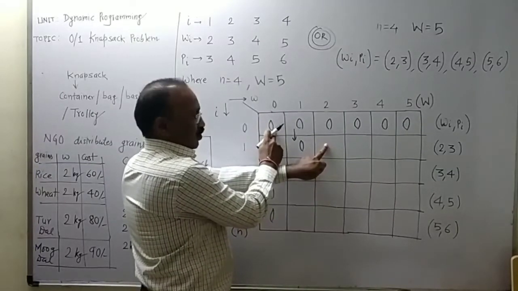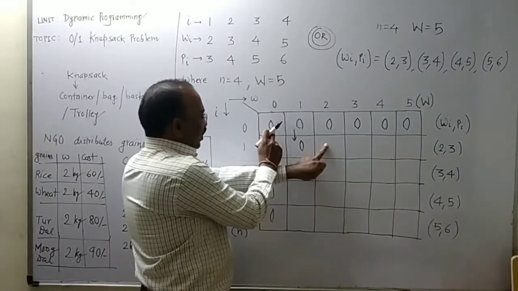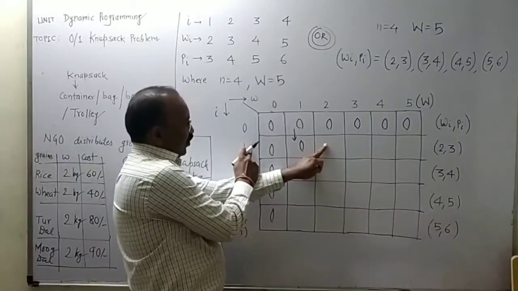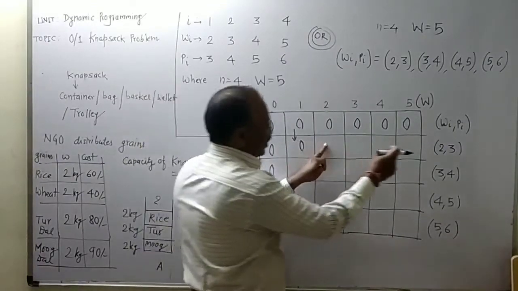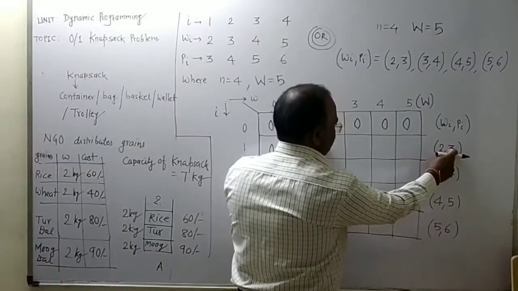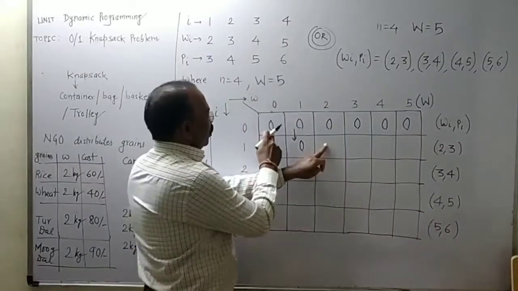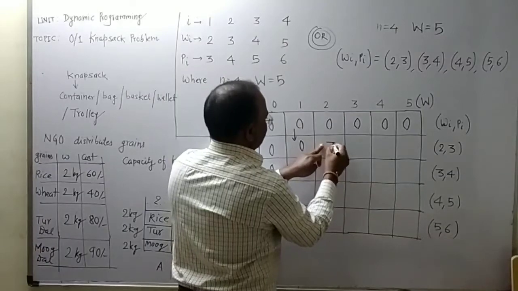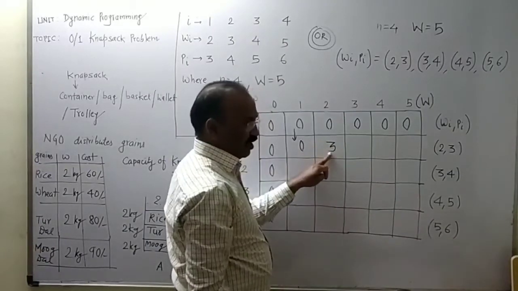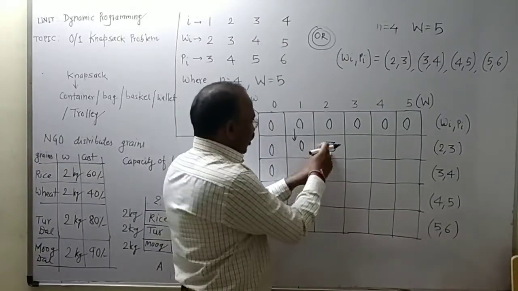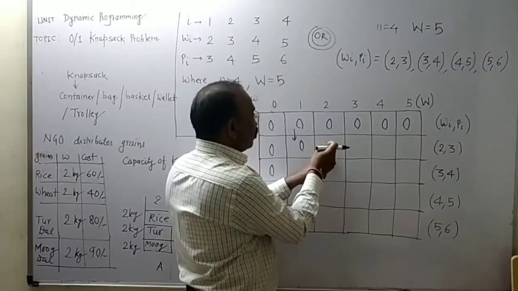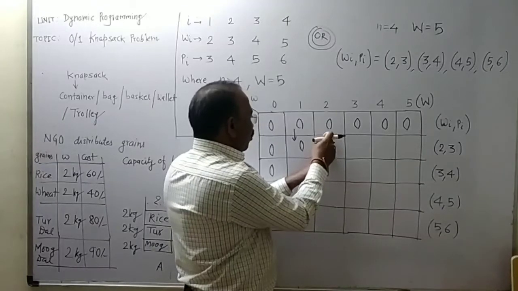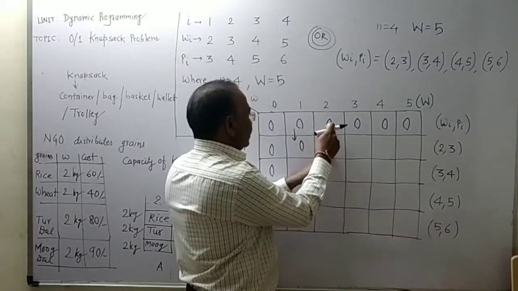Now to this 0, add the profit of the first object, that is 3. Okay, 0 plus 3 is nothing but 3. But before writing 3 here, we have to check the upper cell value of this cell, that is 0.